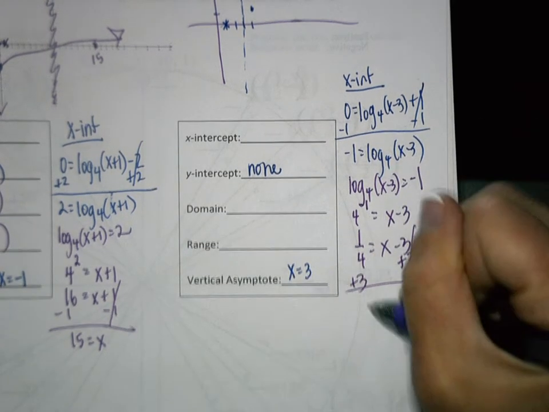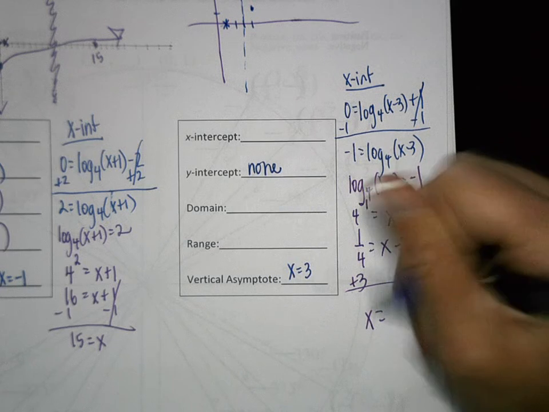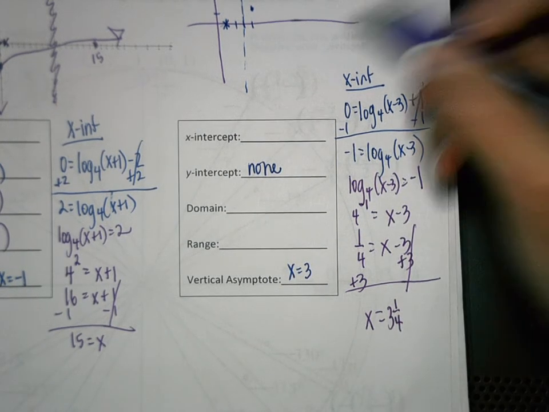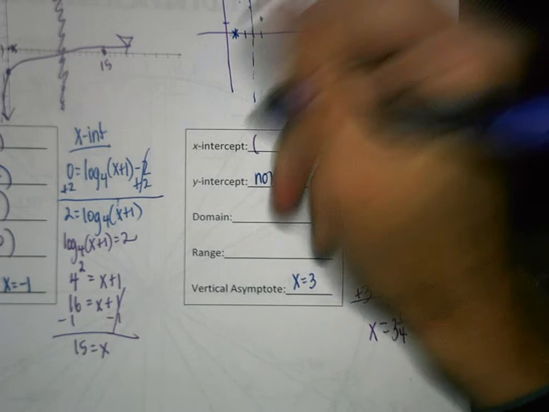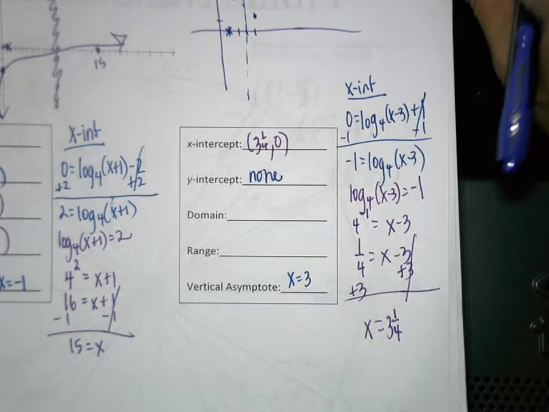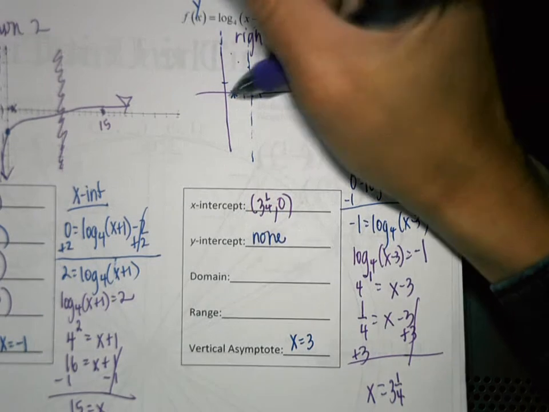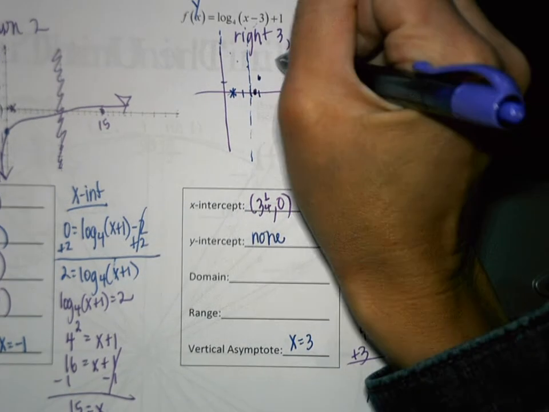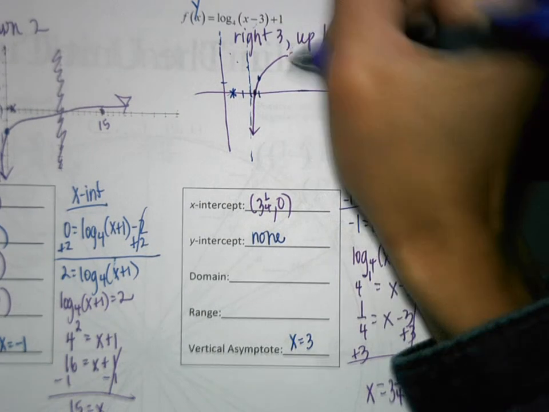So x equals 3 plus 1/4, which is 3 and 1/4. For your x-intercept, this is going to be (3 and 1/4, 0). We go up to our graph. This is 1, 2, 3, so 3 and 1/4 is going to be about right there. And then we're going to draw our log function.